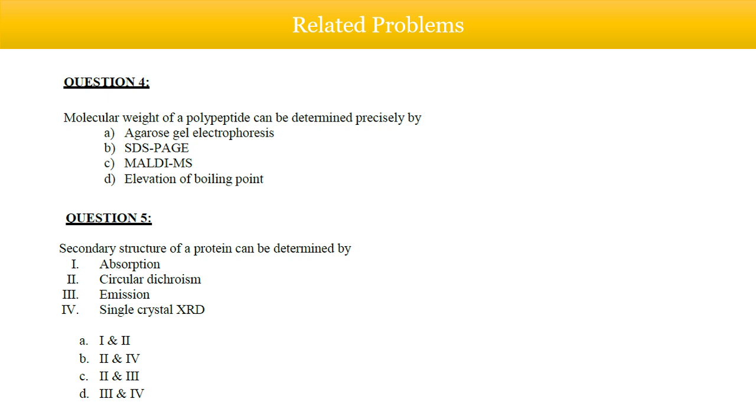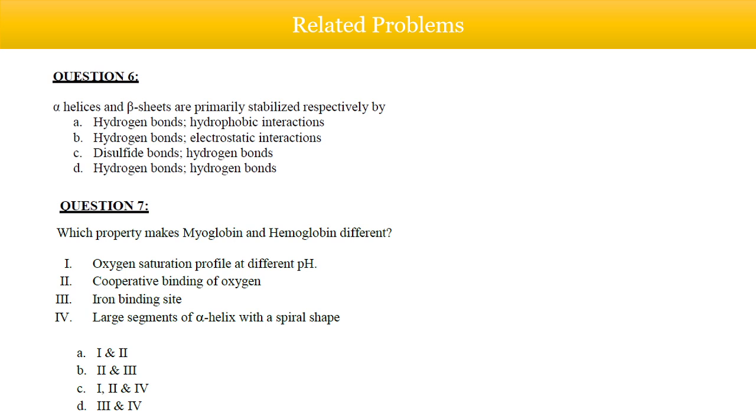CD spectroscopy will tell you about the secondary folding of the proteins. You get different dips, and depending on the dips, you can tell whether it is an alpha helix or a beta strand, or the percentage of alpha helices and beta strands. And definitely from X-ray diffraction you can tell about the secondary structure of a protein.